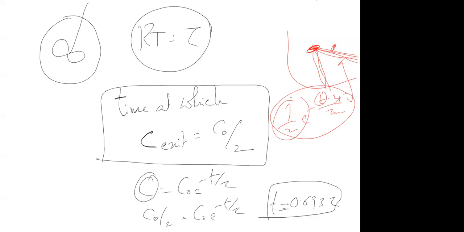Somebody is asking about moments of RTD. I'm not understanding your question. Normalized residence time means theta, that is T by T bar. I think in the tanks in series model I will show you. You have the E versus T curve.